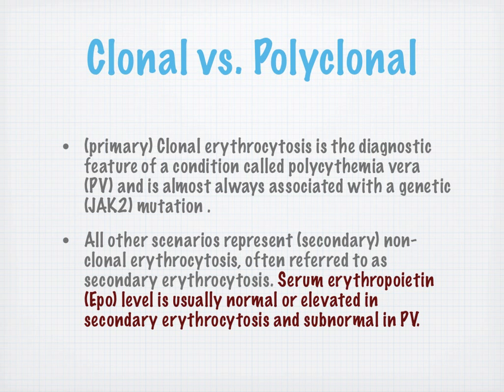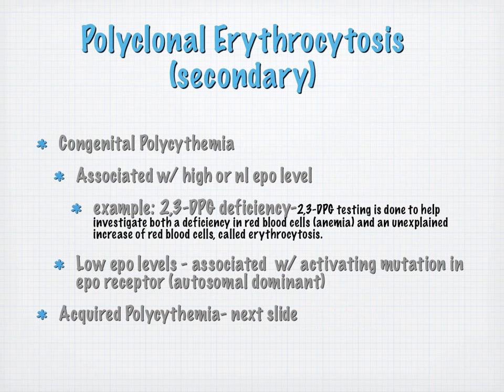So if it's not Polycythemia vera, then it's a secondary or non-clonal erythrocytosis, often referred to as secondary erythrocytosis. And we're going to see serum EPO levels normal or elevated in secondary erythrocytosis, and subnormal, or below normal, in Polycythemia vera.